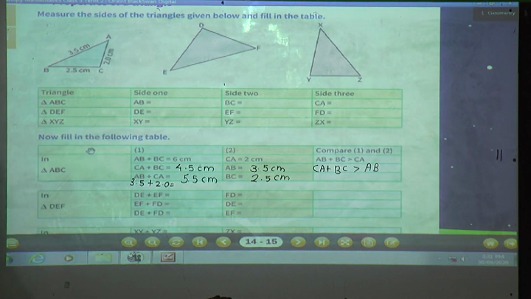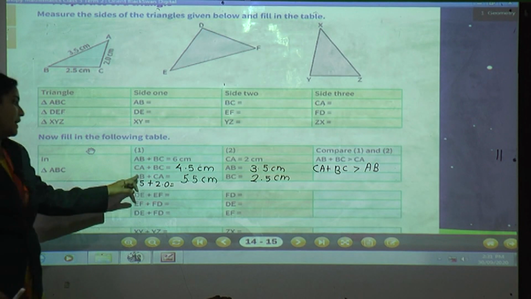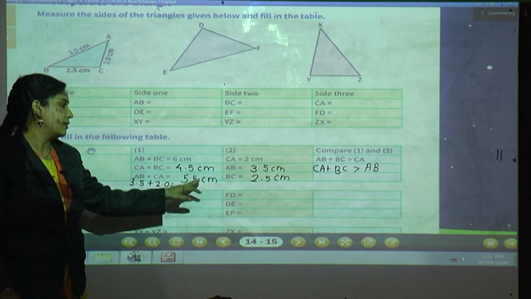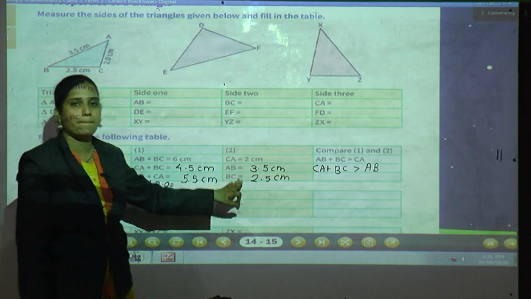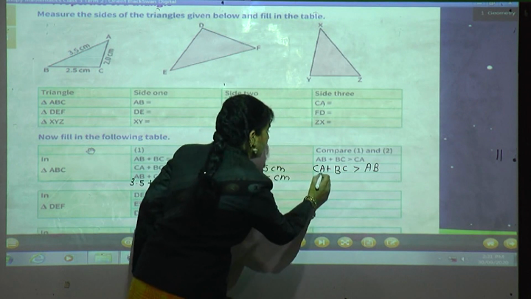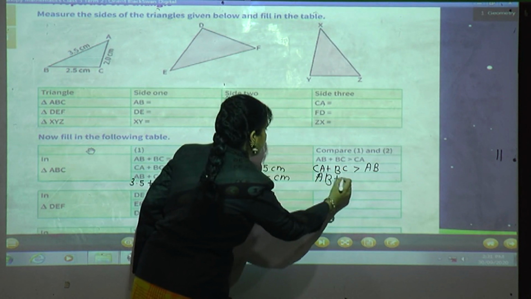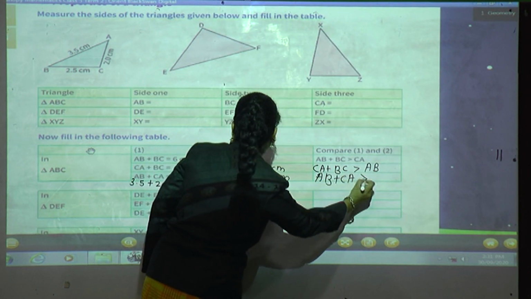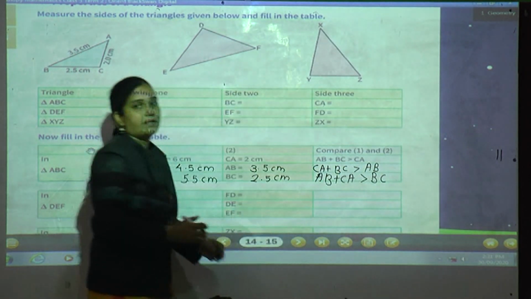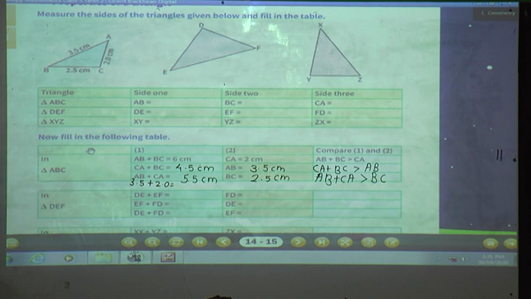So compare these two, which one is bigger? Of course, AB plus CA is equal to 5.5. This one is bigger than BC. So right here, AB plus CA is greater than BC. In this way you have to fill this table.